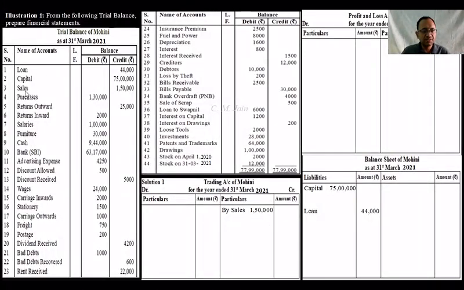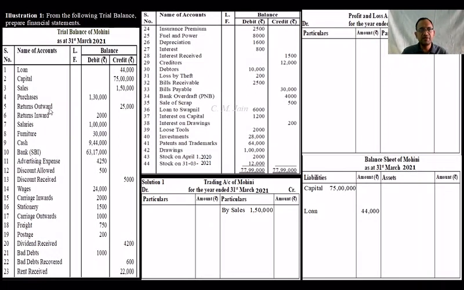Like in this question, sales we are given, and then later we are also given returns inward. Returns inward means sales return. So the amount of sales we have written in inner column. Next, we are given purchases, and we see below it returns outward.